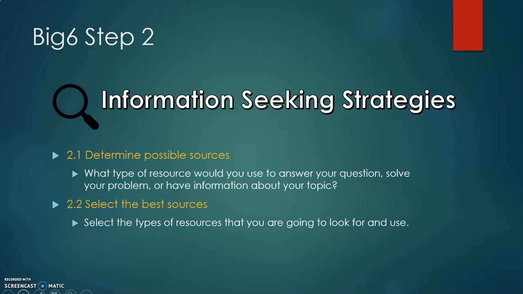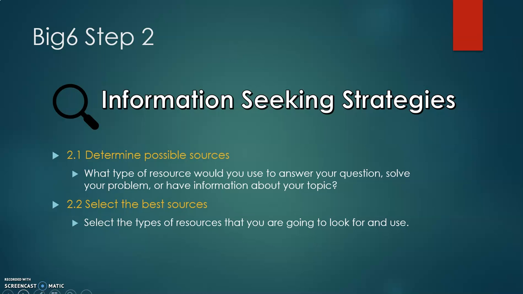The next step in the Big 6 is information seeking strategies. In this part, you are thinking about what kind of resources will help you as you conduct your research. Again, this is a 2-pronged step. It is determining the possible sources. Think about the information need that you have and what kind of resource would best help you answer those questions.